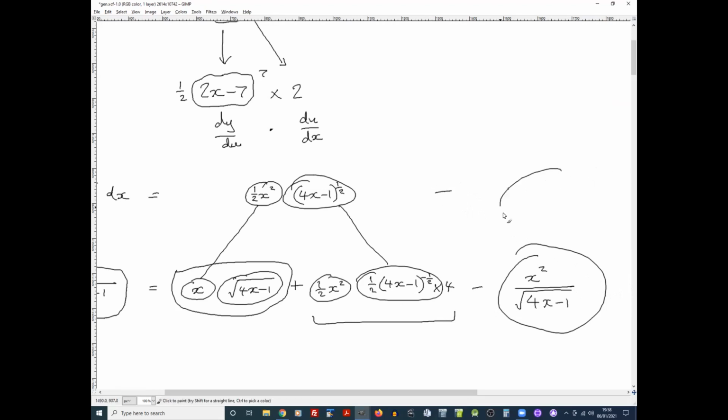So if we can only find the integral of this and put it here. Yeah, that makes sense. So the integral of that, what would differentiate to make that? Well, it would have to be something to the power half.